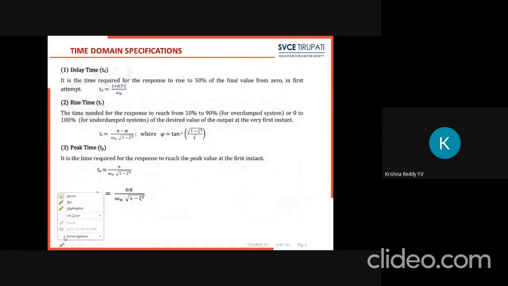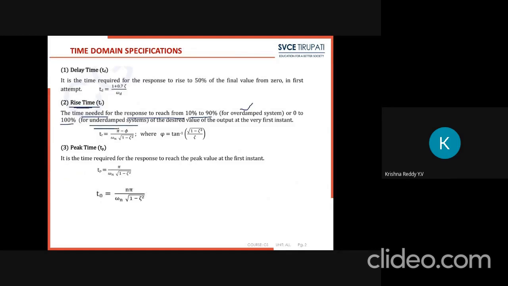Let us see the definition. The time needed for the response to reach 10 to 90% when it is an overdamped system, or 0 to 100% when it is an underdamped system, is known as rise time.